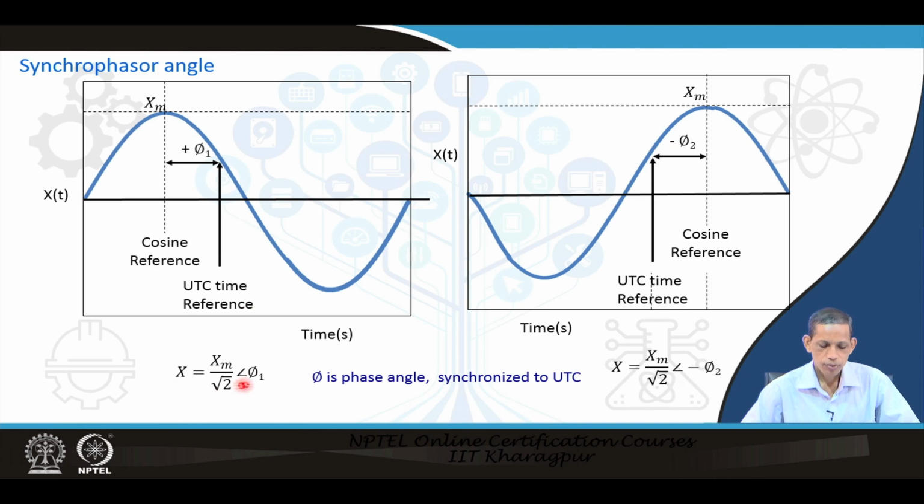For the representation of the phasor value, the X phasor for this wave is peak upon root 2 with an angle of positive phi 1. However, if the UTC time is behind the positive peak of the corresponding waveform, then the angle becomes negative, between the UTC time and the peak value of the cosine reference.